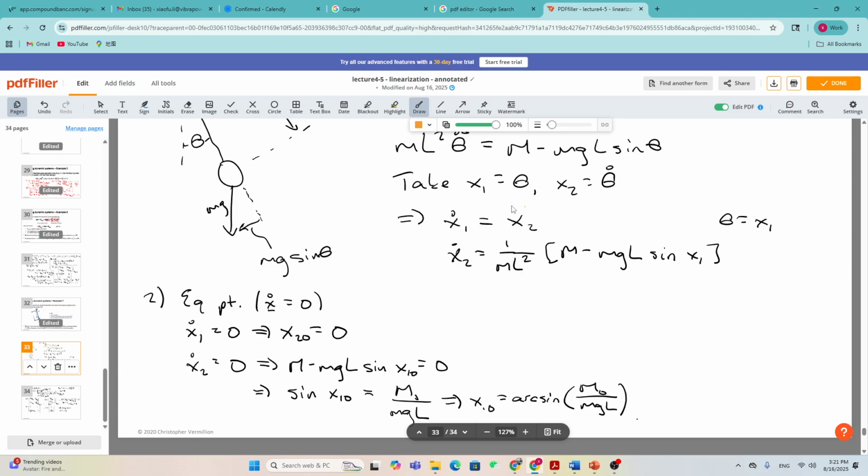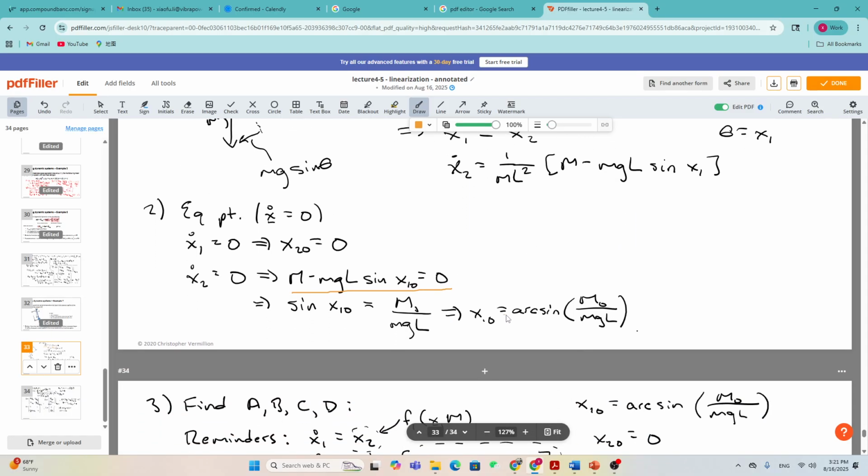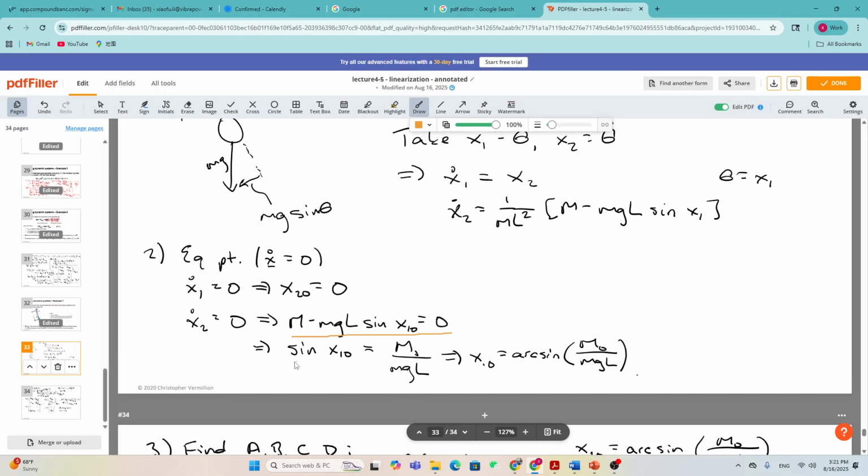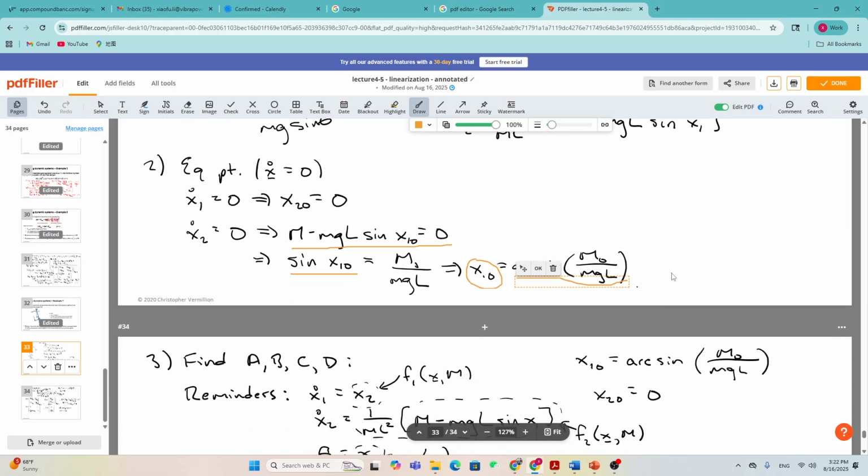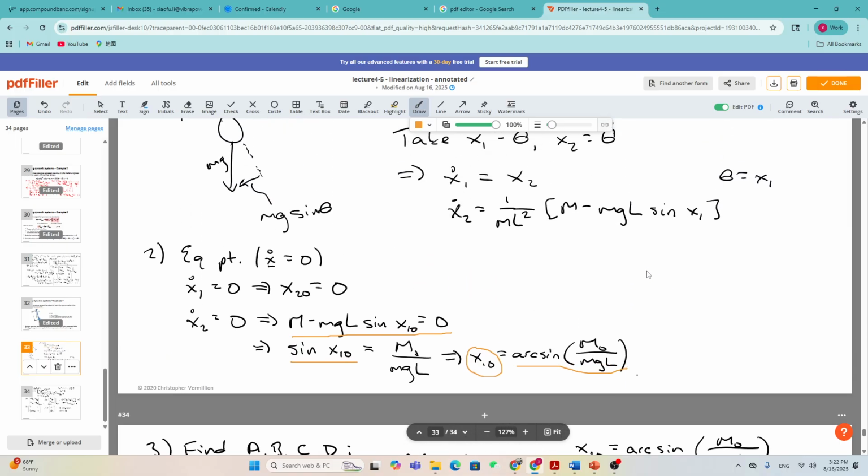Let's say x1 dot equals 0, you get x2 equals 0, right? And with x2 equals 0, you get sine x1 0 equals M over mgl, right? But then you have to know what is my theta, x1 0, so you take the arc sine to get your theta. So now you have found the equilibrium point.